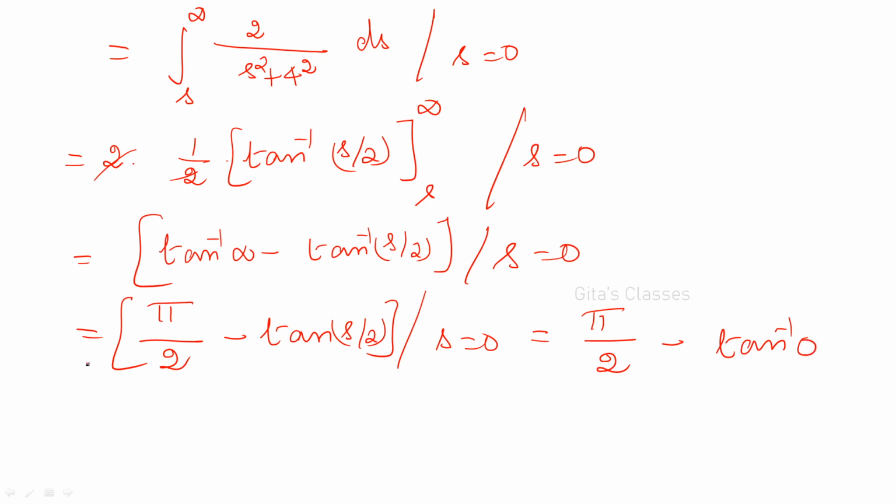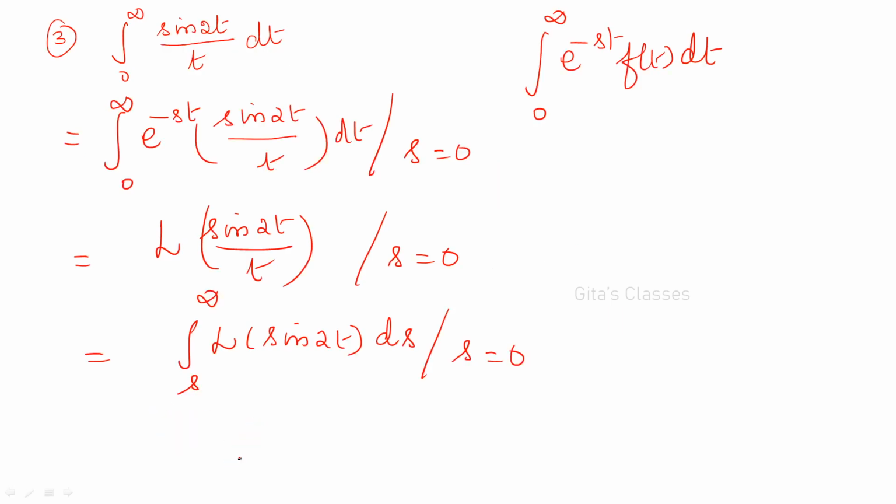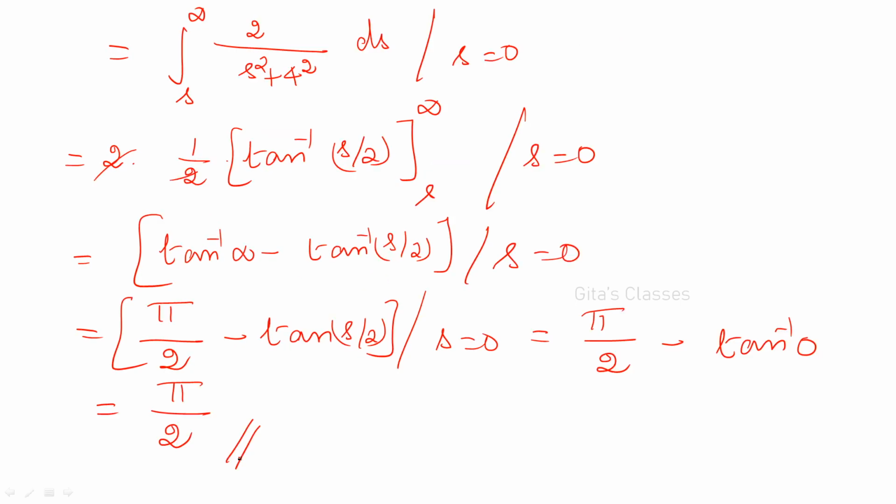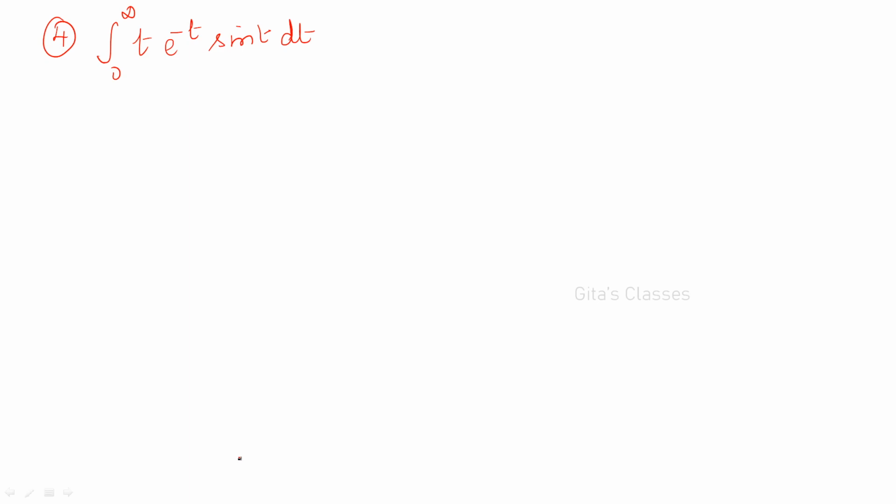So tan inverse of 0 is 0. Therefore the answer is pi by 2. So this evaluation of integral, that is integral 0 to infinity sin 2t by t dt, is equal to pi by 2. Next question, integral 0 to infinity t into e power minus t sin t dt.